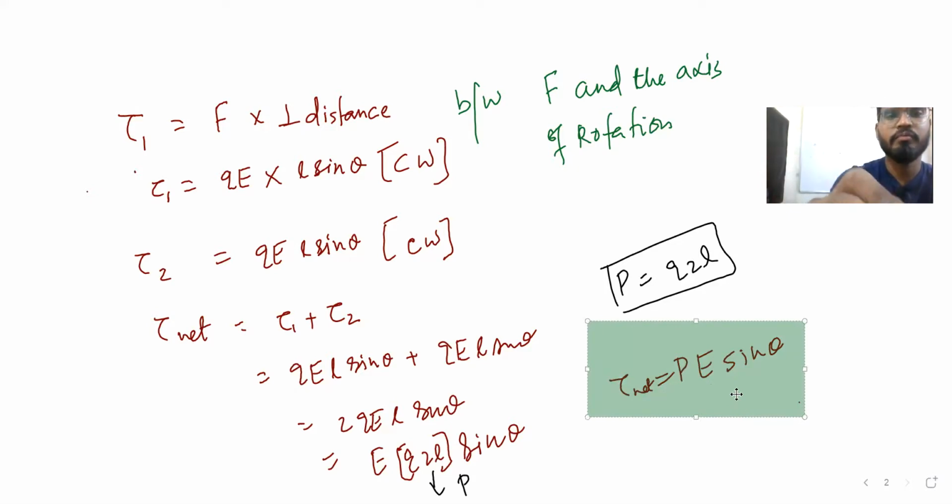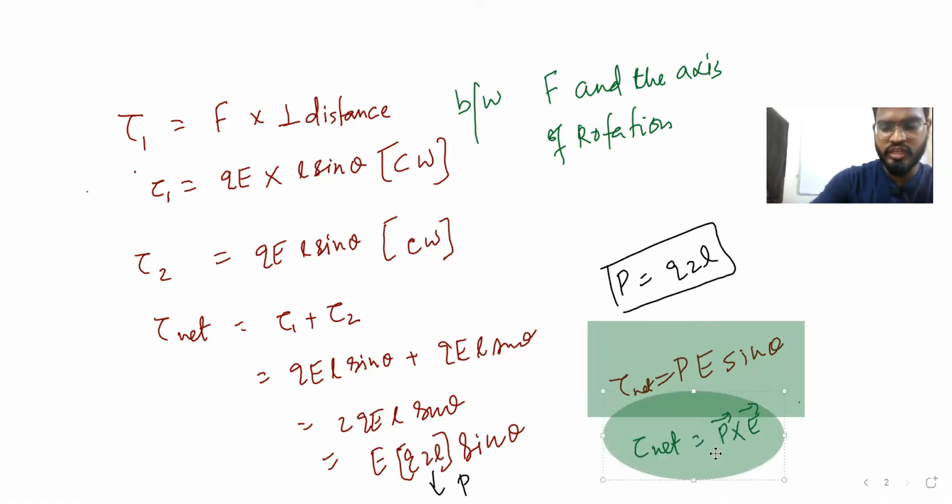Net torque is equal to PE sin theta. Or we can say net torque is equal to P cross E, right? P is a vector, E is a vector, that also we can say. Now let's see, if somebody says, can we write this formula? Torque is equal to E cross P. Can we say this?